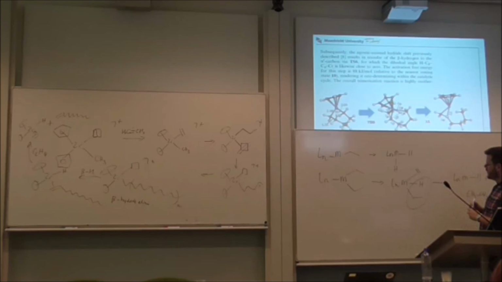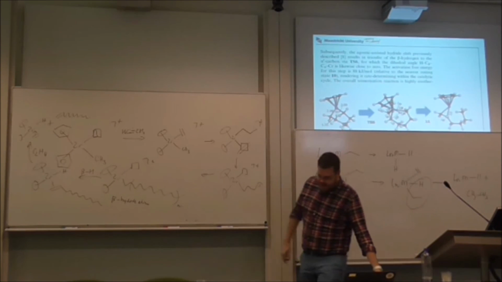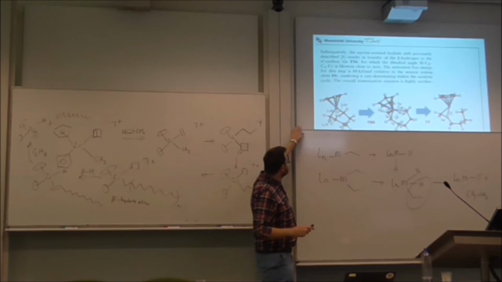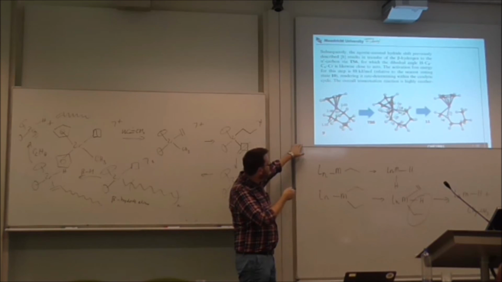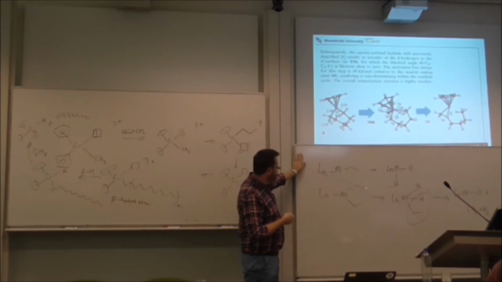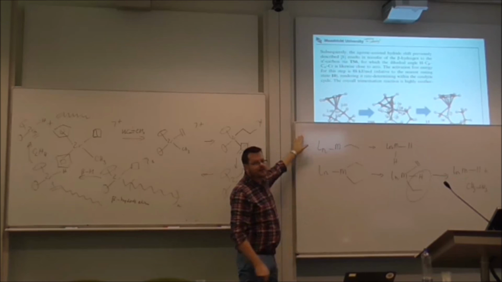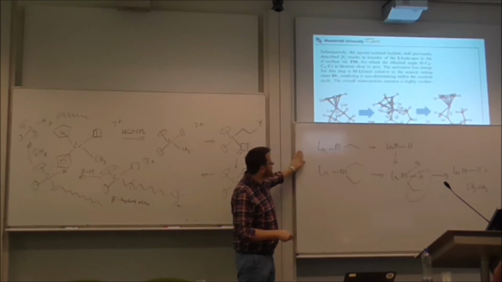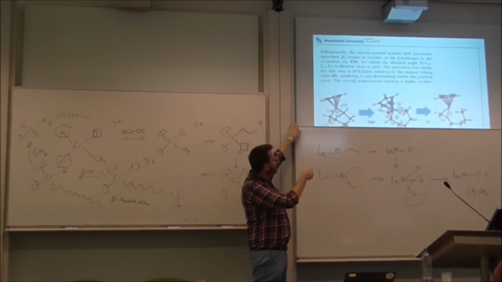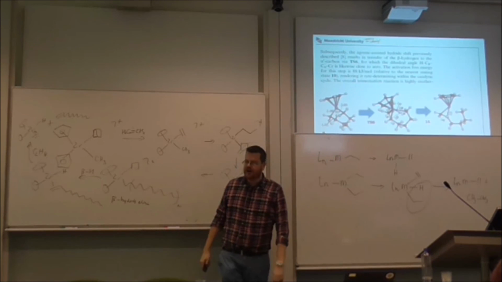So you have a beta-agostic interaction which facilitates the beta hydride swinging from here to here. The beta hydride goes boom across. And if you have a ring system like I have here, you end up with that. So that's what we call a beta hydride transfer.